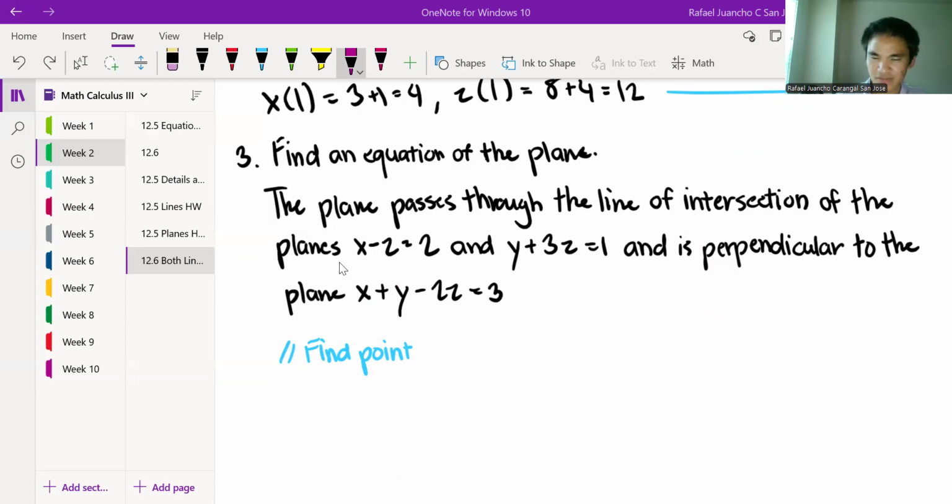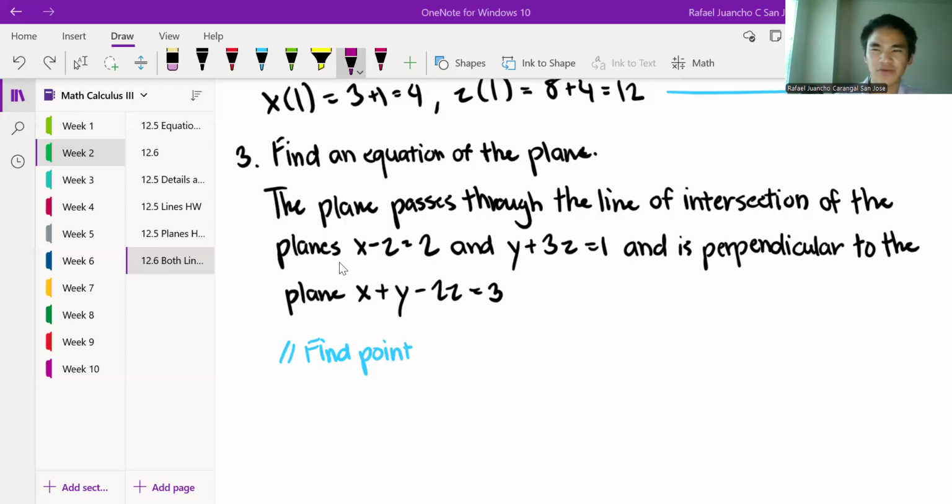Okay, how about this? I'm not sure if this is gonna work. What if we find a point of intersection in those planes?